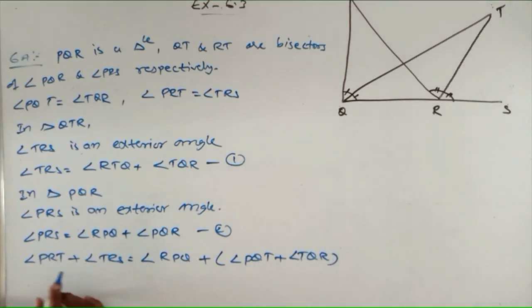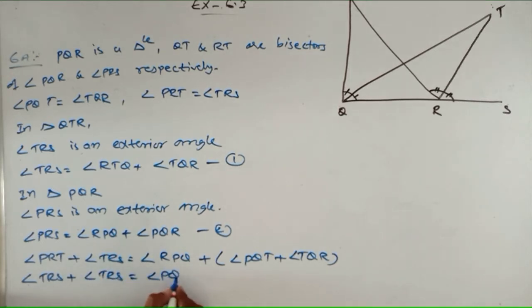So angle PRT plus angle TRS is equal to angle RPQ plus angle PQT plus angle TQR.